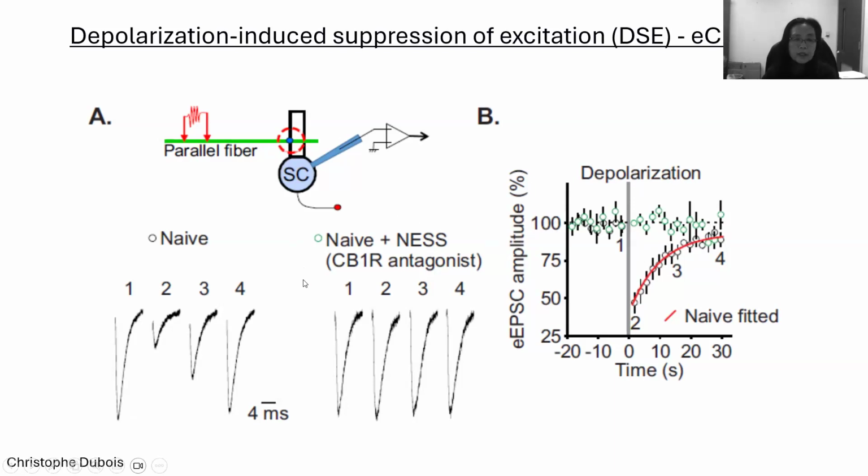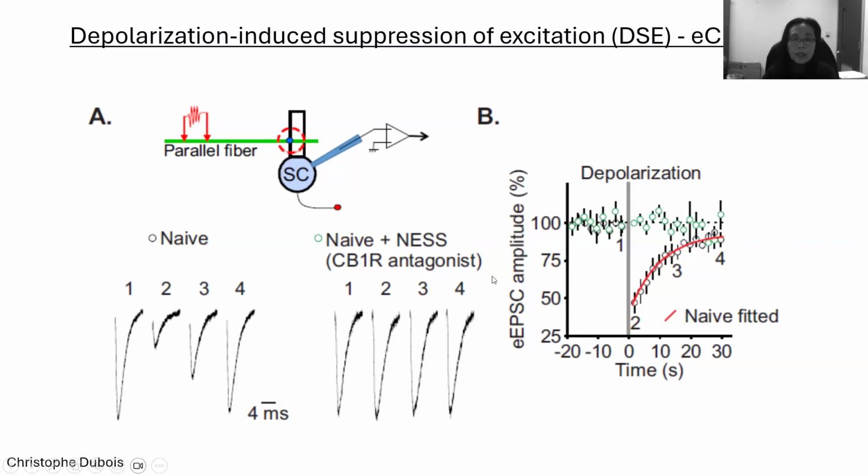To show that this depression is due to activation of endocannabinoid receptors, he includes the endocannabinoid receptor antagonist NESS in the solution and repeats the same experiment. Here it shows before the depolarization and after depolarization. Now it no longer shows the depression which is exhibited in the absence of the antagonist.